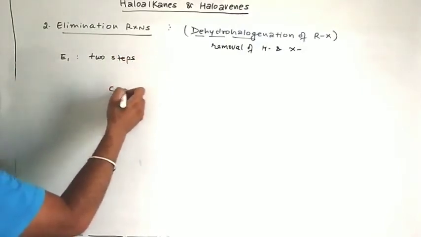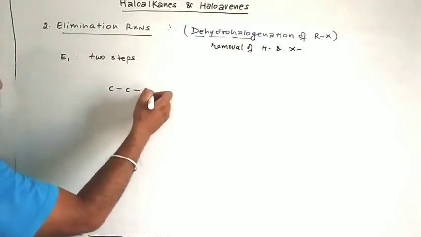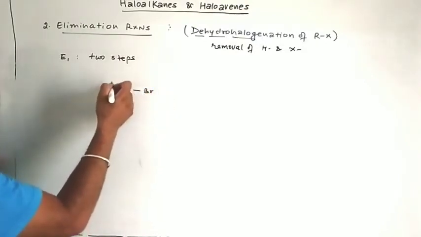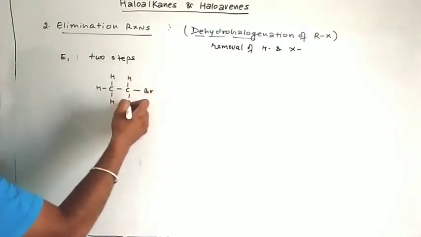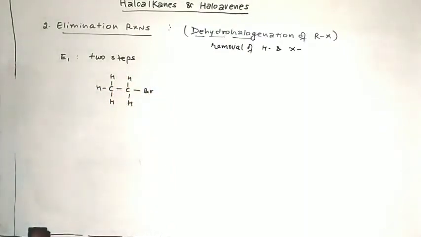First step is, suppose we have this alkyl halide. Here when you add KOH or base to it, in the first step the halogen gets removed.